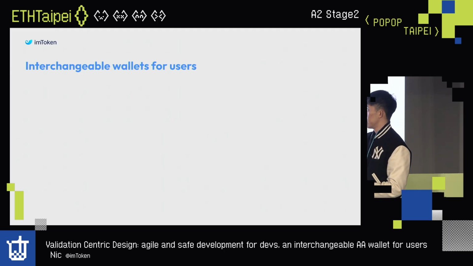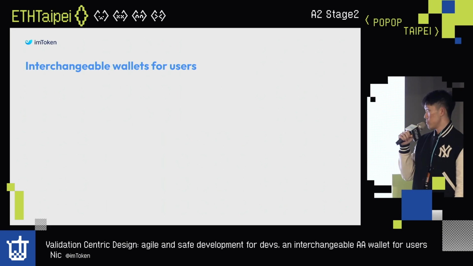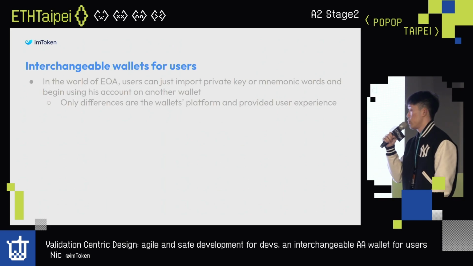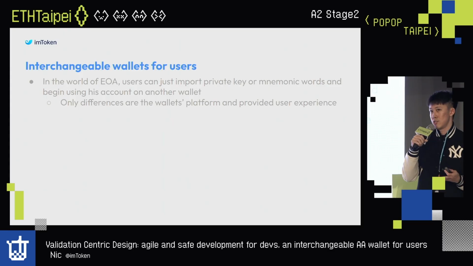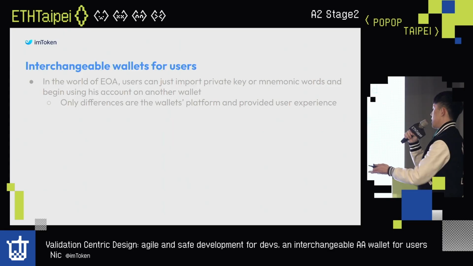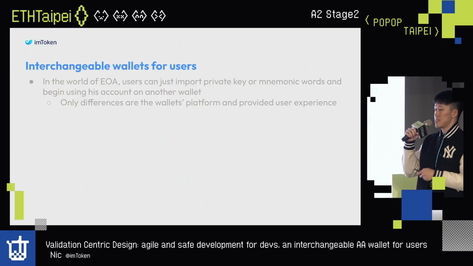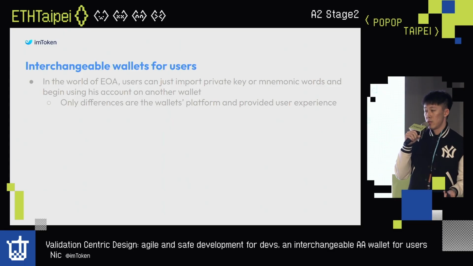And the last part is interchangeable wallets for users. What does that mean? In the world of EOA, a user can just export his private key or mnemonic words from one wallet and import it to another wallet and begin using the same account. So it's the same account, different wallets.